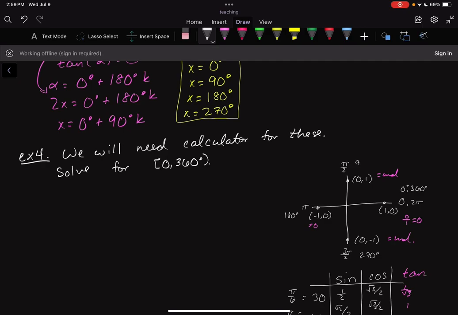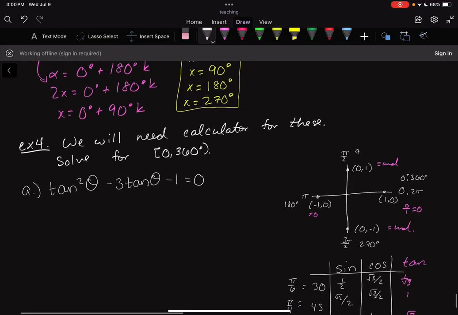So for my first one, I want us to do tangent squared theta minus 3 tangent theta minus 1 is equal to 0.